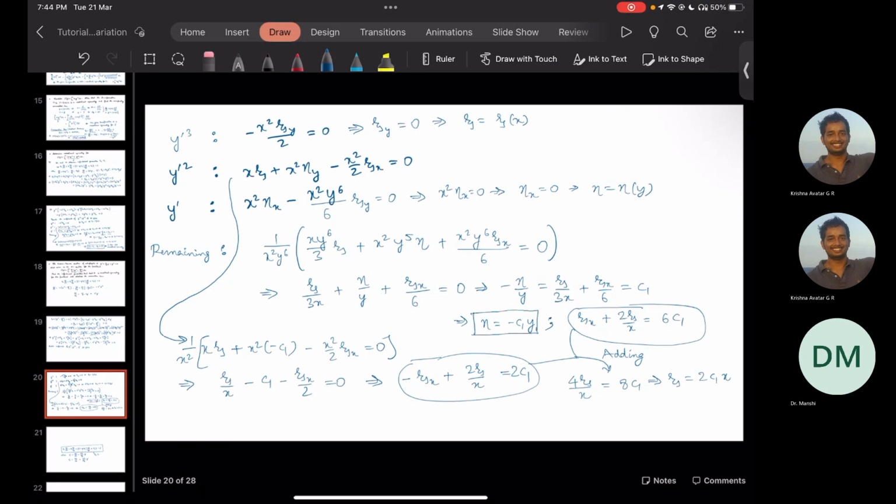If you want to verify whether this equation really holds, let's just check. Minus xi x is minus 2c1 plus 2 xi, 2c1 x by x, is equal to 2c1. Fine, so this holds.